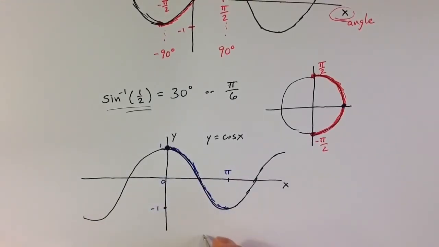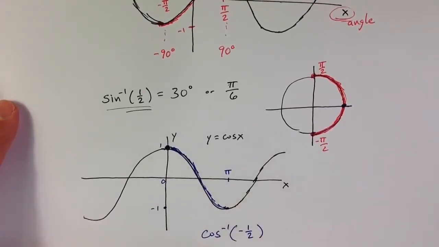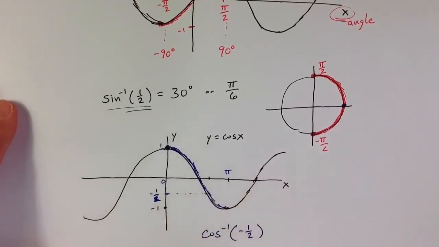And so for the inverse cosine function, if we take inverse cosine of, let's say, negative 1/2, the angle that corresponds to that is the angle on this diagram that corresponds to an x value of negative 1/2. And so that angle turns out to be 120 degrees, or in radians, 2 pi over 3.